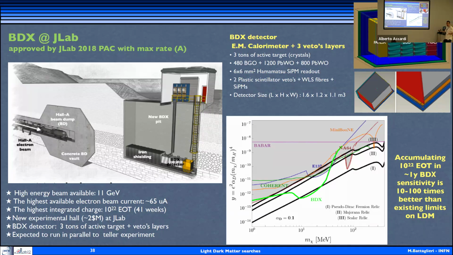It is going to exclude the existence of this specific dark matter if, obviously, nothing is observed and it runs for the time we are expecting. We are going to exclude the existence of this thermal dark matter in that range.